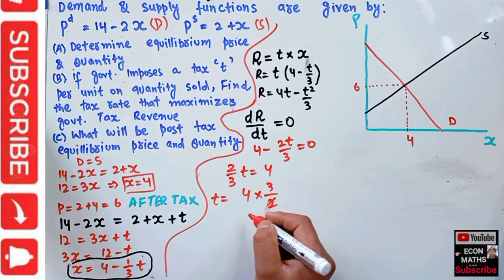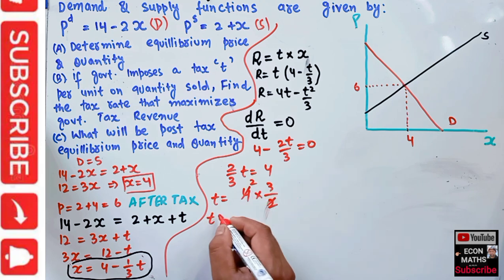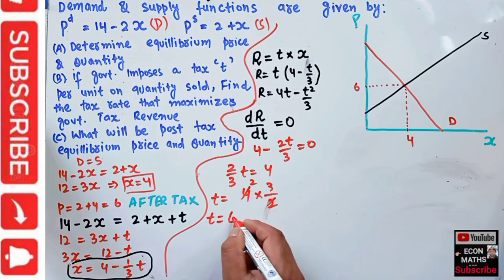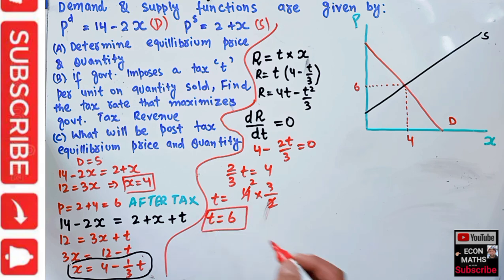So 2 twos are 4, 2 threes are 6. The tax rate that maximizes government revenue is equal to 6.